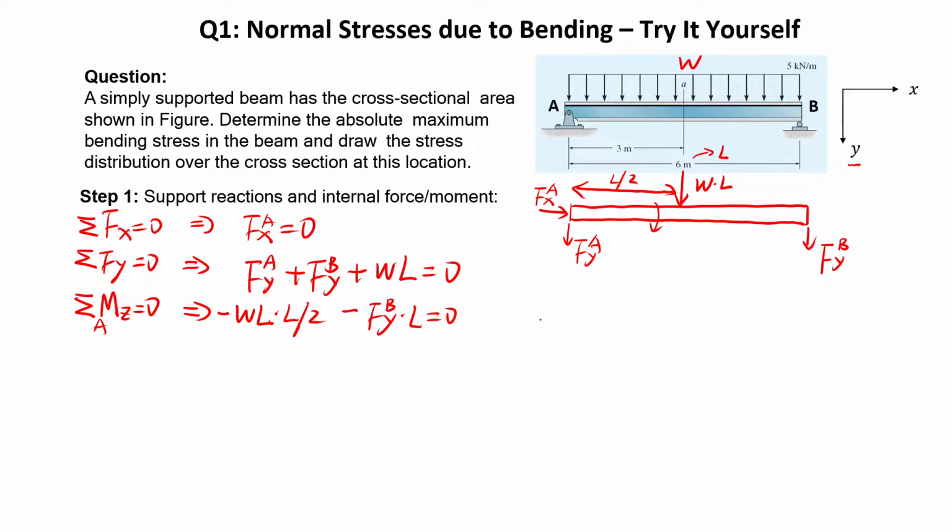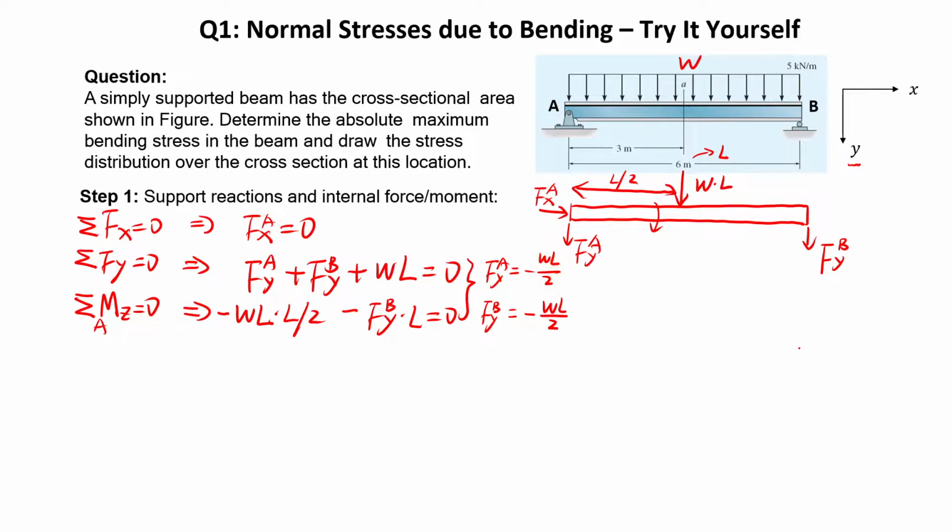From these two equations, you can easily get Fyb equal to, cancelling the L, half W L with a minus sign, and Fya is the same.